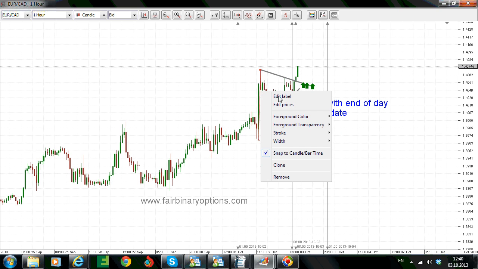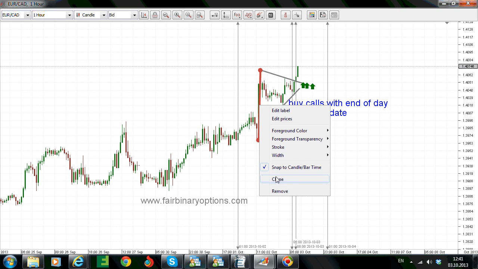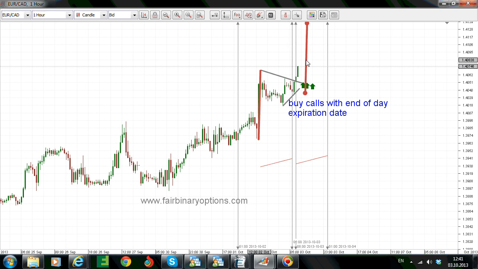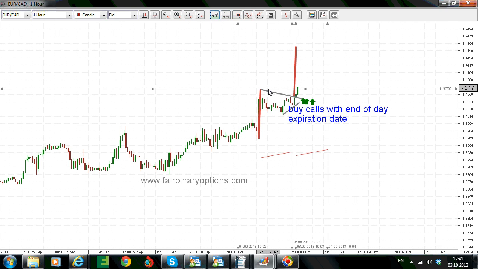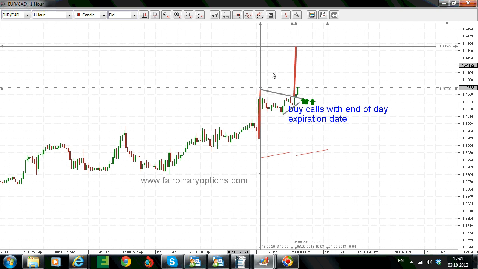Like this, and then clone it and put it by the time the pennant is broken, and this is the very definition of the pennant. So the measured move should come in less time than the time taken for the whole pennant to form.